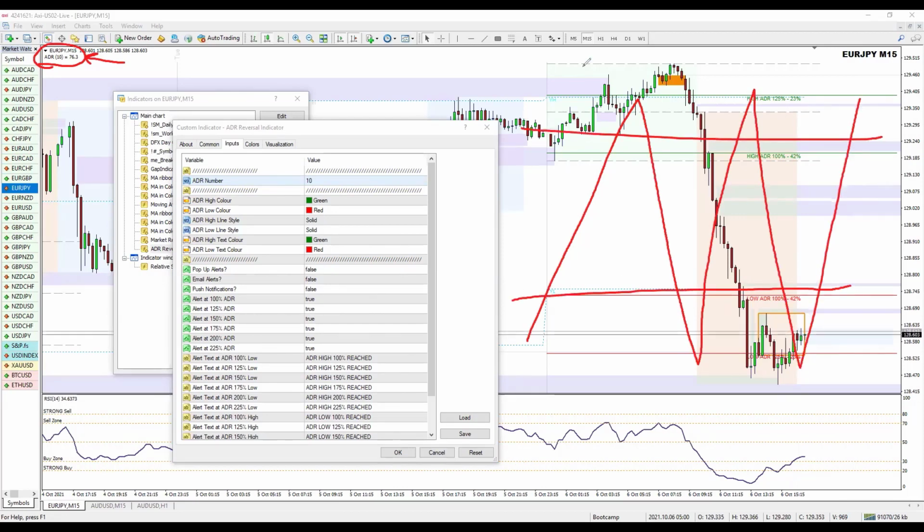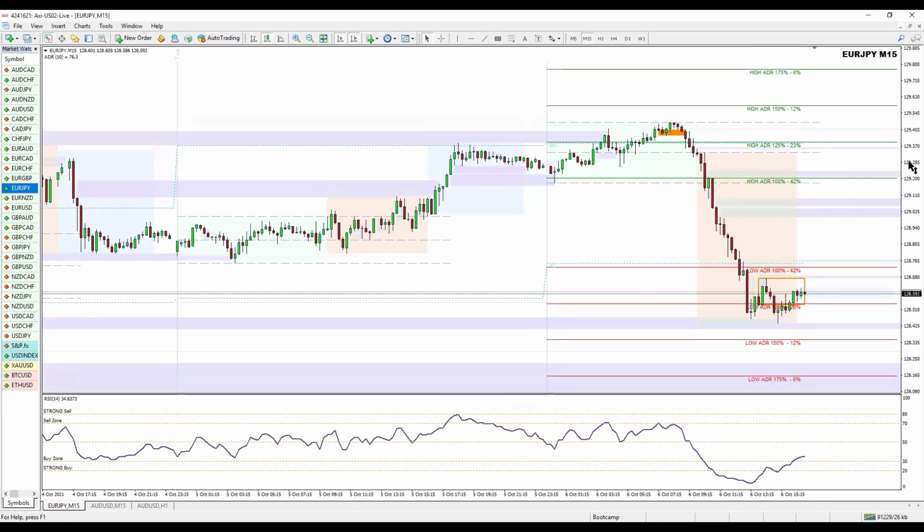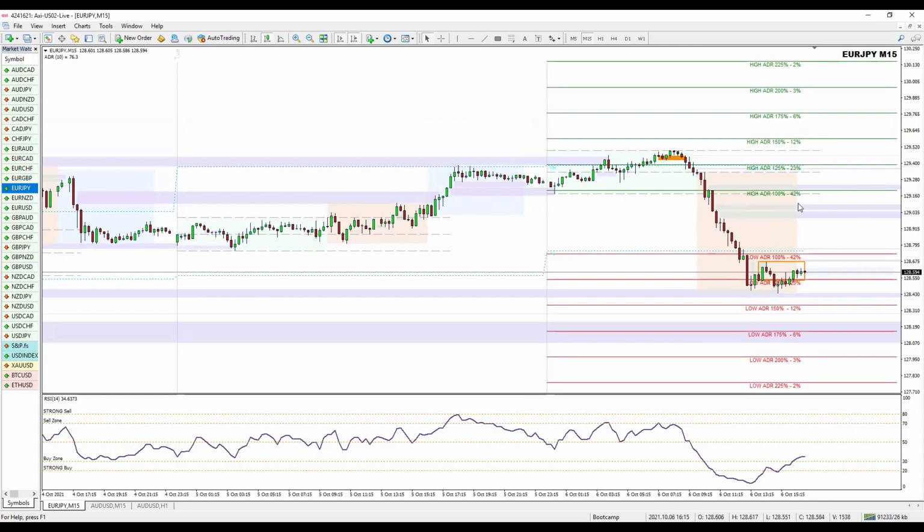Okay. And the research that I did, and you see the levels here, the extension levels going up, showed me that on all instruments, regardless of whether they are forex pairs or indices or anything, I didn't test crypto, but on normal tradable instruments, 42% of the time, price would stay within its average daily range.